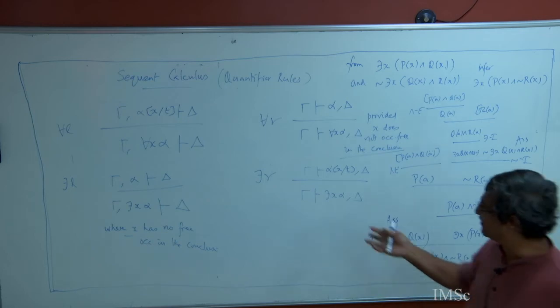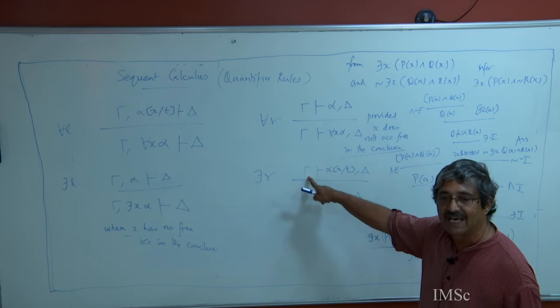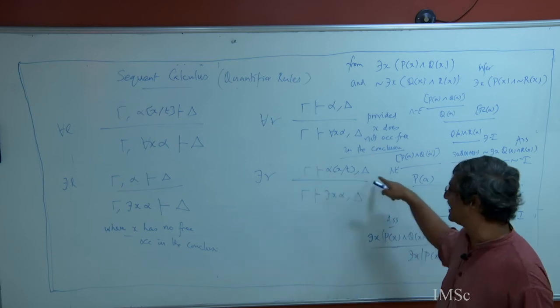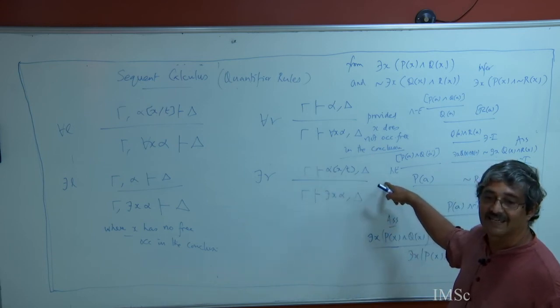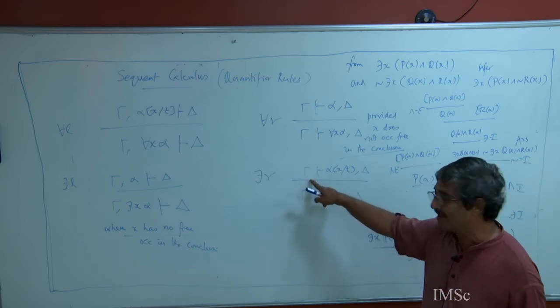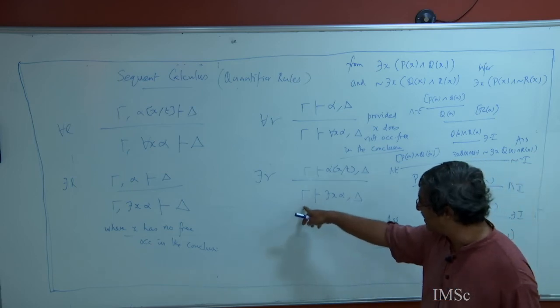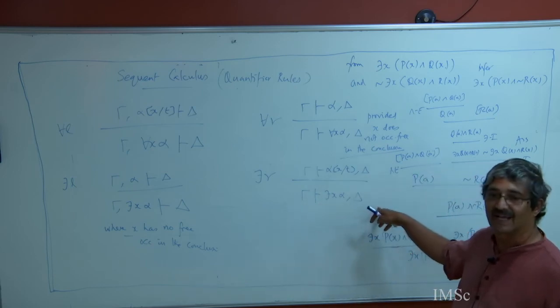In a sequent, what does this mean? The conjunction on the left hand side implies the disjunction on the right hand side, that is a validity. So if the conjunction of all gamma implies the disjunction of alpha or delta, you want to show that the conjunction of the gamma implies there exists x alpha or delta.